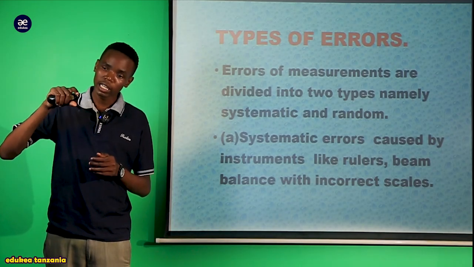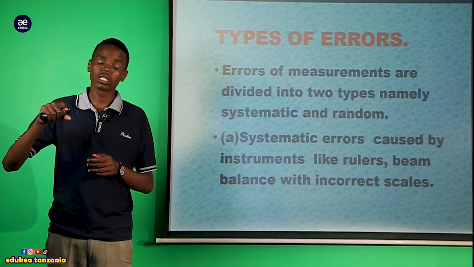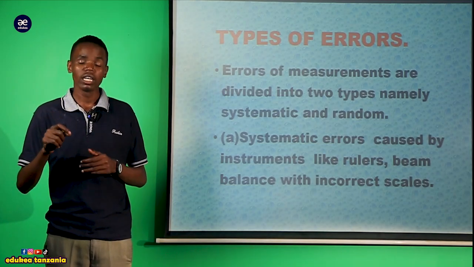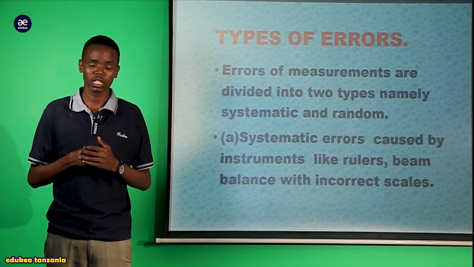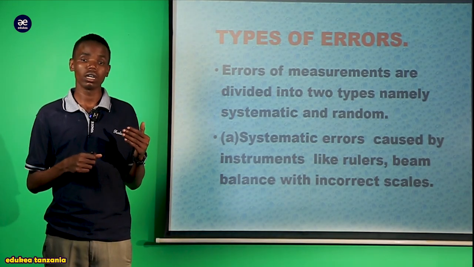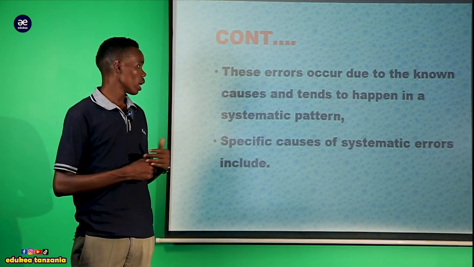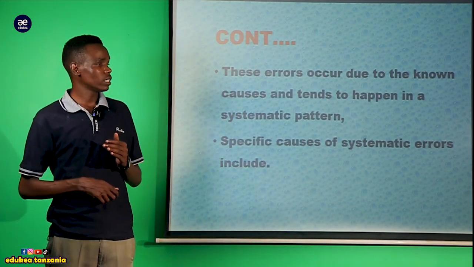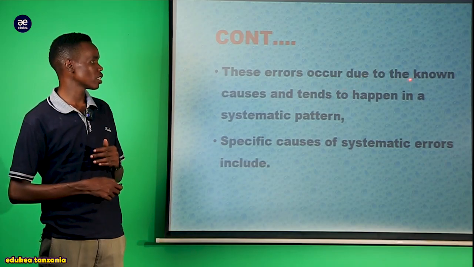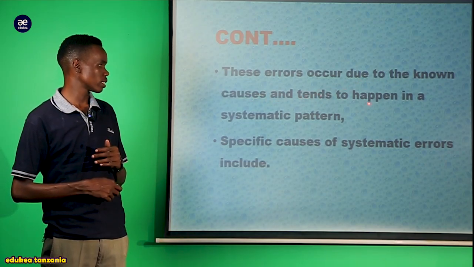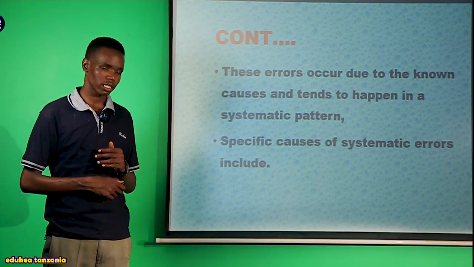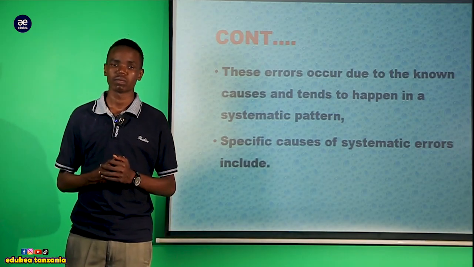Kwa sababu ya ile instruments ambao zinakuwa na incorrect scale, zina facilitate the occurrence of the systematic errors. As you can see here, these errors occur due to known causes and tend to happen in a systematic pattern.